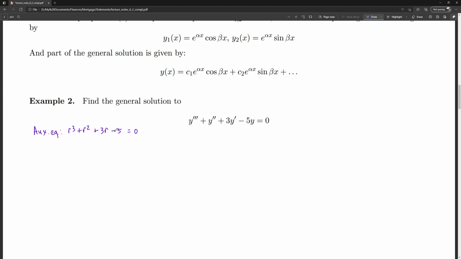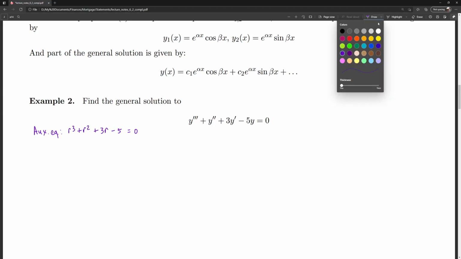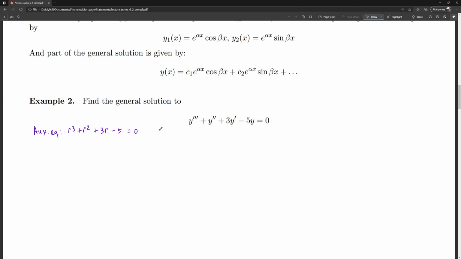Now notice there's a constant term here, so there's no easy way to factor this by just factoring out an r. So what we have to do is plug in a couple of values like r equals plus or minus 1, r equals plus or minus 2. And you can verify for yourself that r equals 1 is a solution.